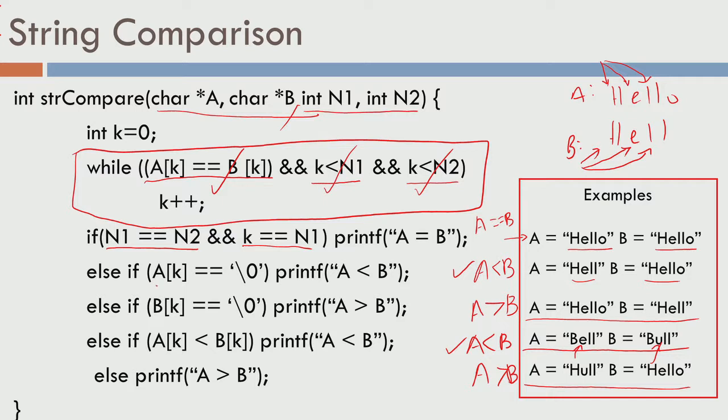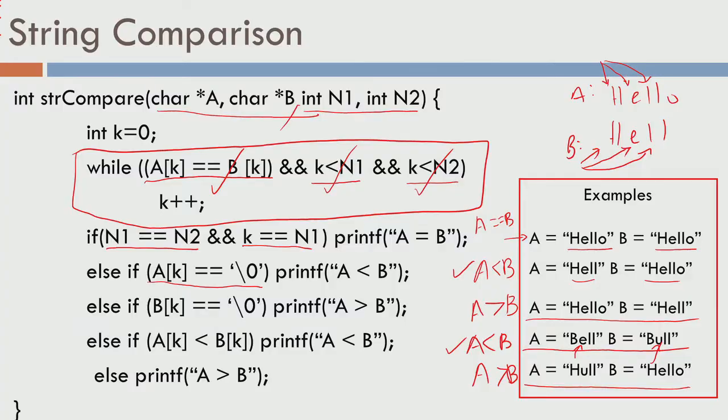Else you ran out of characters in A, but the first n1 characters in A and B are the same, and there are more characters in B to process, which means you have a word which is shorter than the other word. So for example, hell is shorter than hello, and hell is a prefix of hello.